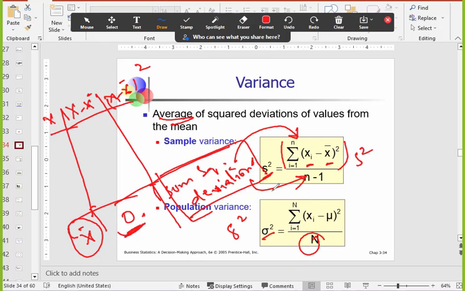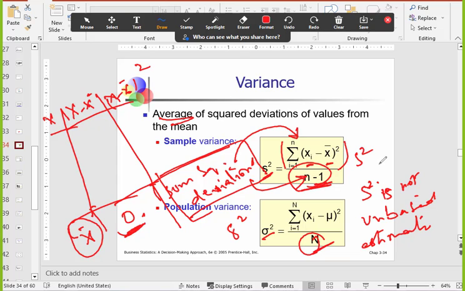So the question arises, why n minus 1 in sample and why n in population? The logic behind it is that the uncorrected s square is a biased estimator, so we need to make it unbiased. So we apply this correction term.